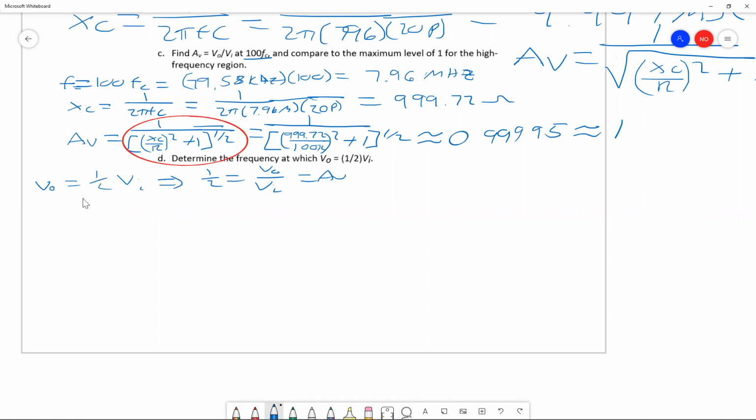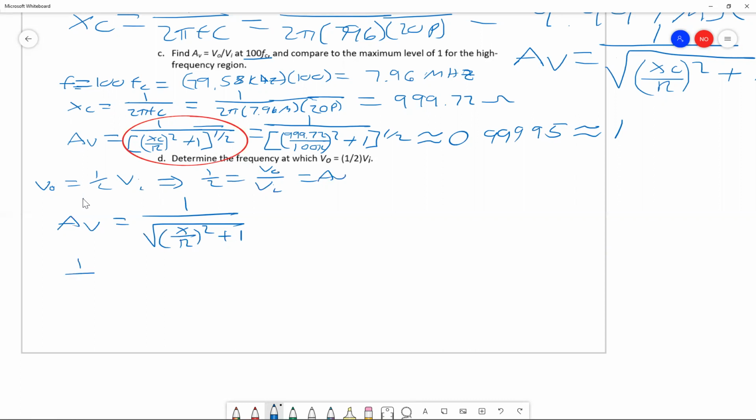So first we're going to take that equation, AV equals 1 over the square root of (X over R) squared plus 1, and we're going to rearrange it. First thing to do, take the reciprocal of both sides. That means flipping them to the top or the bottom, depending on what they are, and then squaring them.